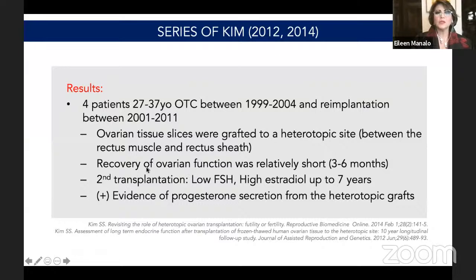The initial transplantation showed recovery of ovarian function, which was short, lasting only for 3 to 6 months, which is why they did a second transplantation. And this time, this brought about normalization of the FSH and estradiol levels. And this ovarian function lasted for 7 years. And according to Kim, there was even evidence of progesterone secretion from these heterotopic grafts.